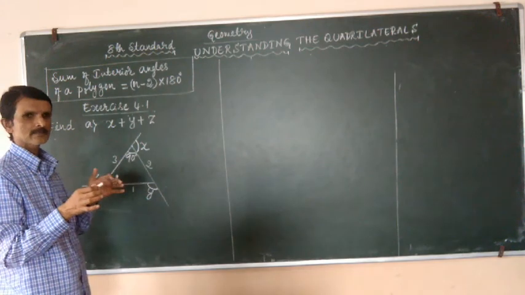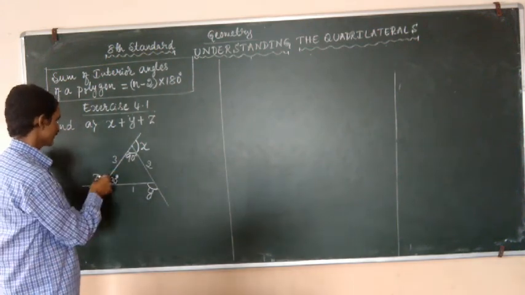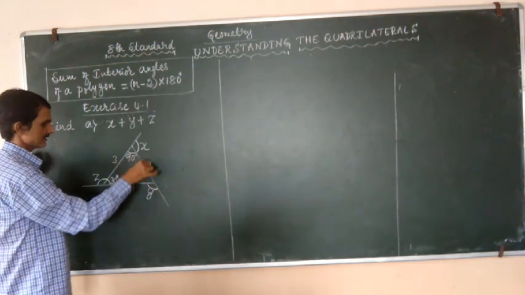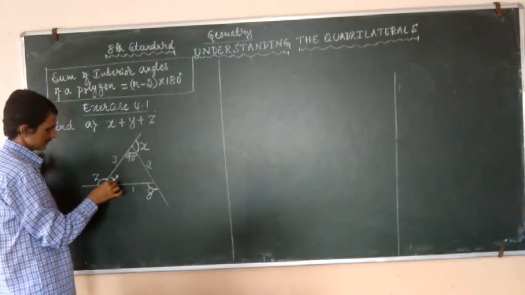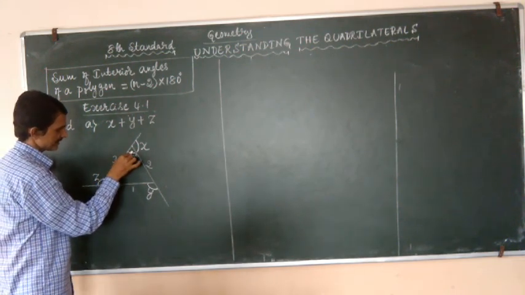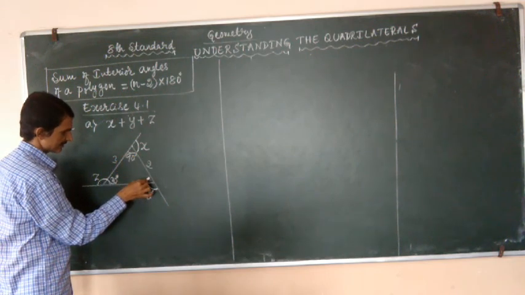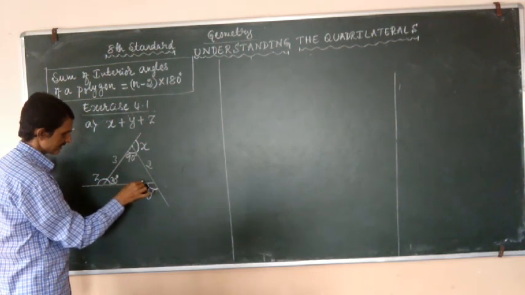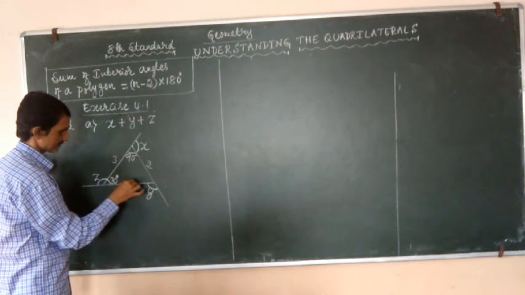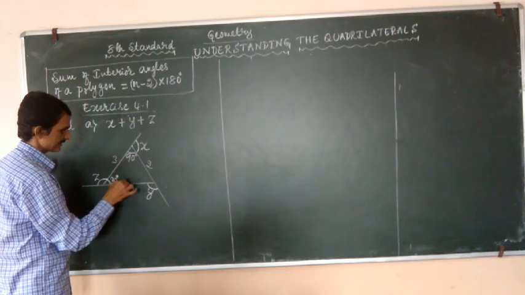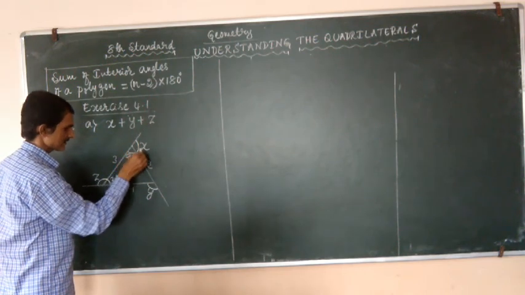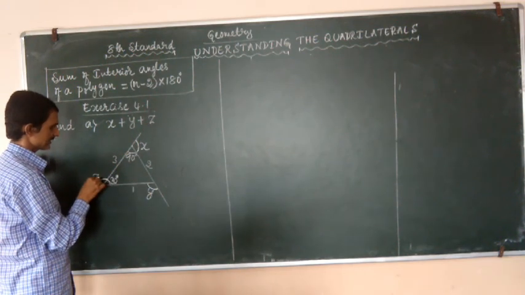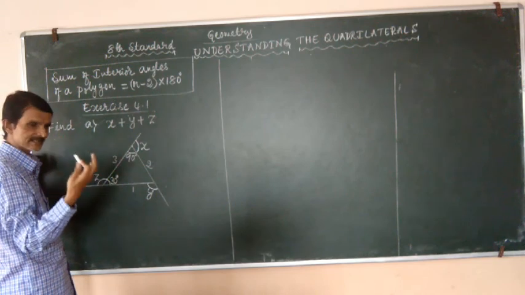After that, we are going to add all the x, y, z. So here 30 degrees, 90 degrees, and this one are all called the interior angles, whereas x, y, and z are the exterior angles.